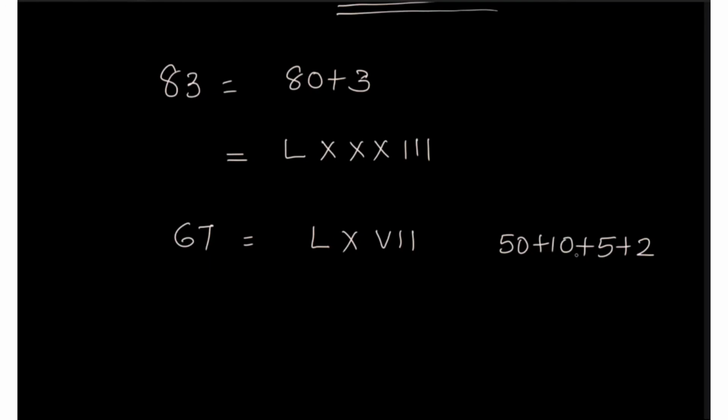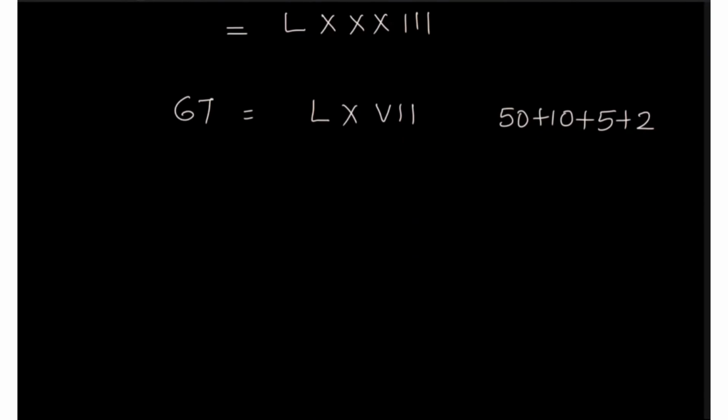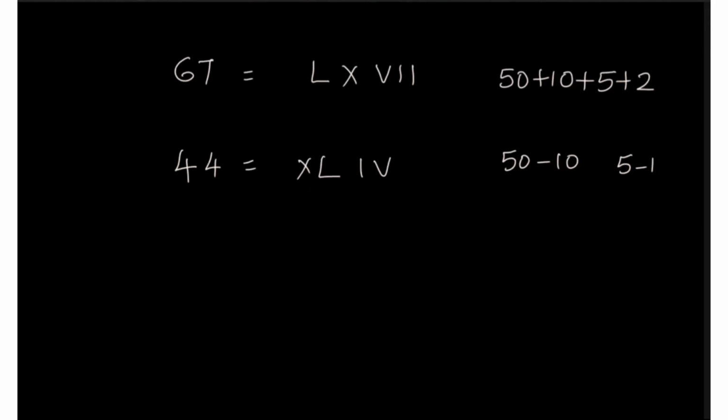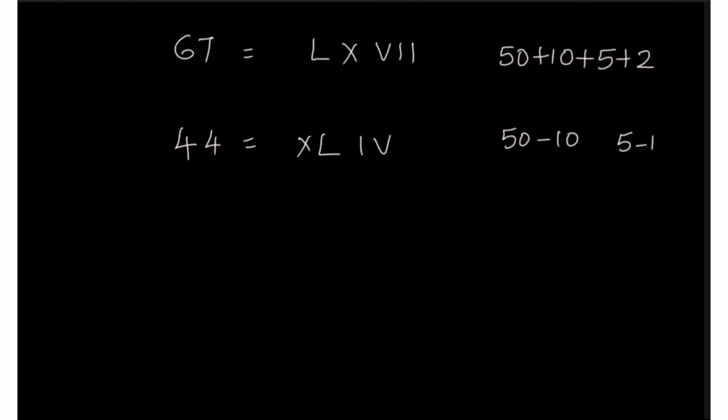This is 60 plus 7. Next, another question is 44. We already know 40 equal to 50 minus 10, so XL. Then 4 is, we already know, 5 minus 1, so equal to IV. This is the method of finding Roman numerals.